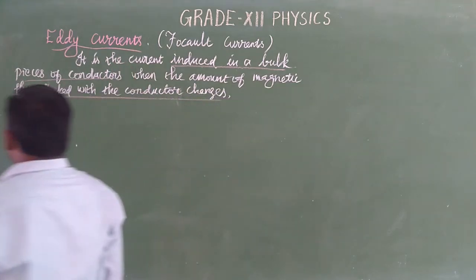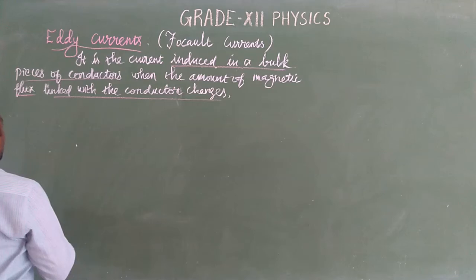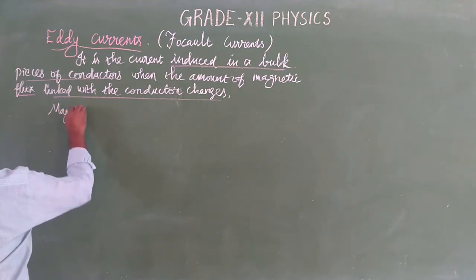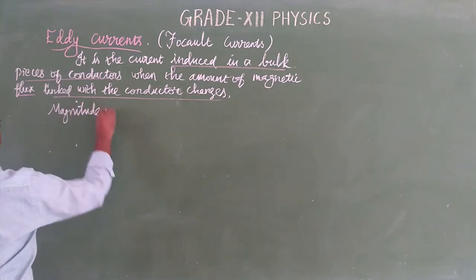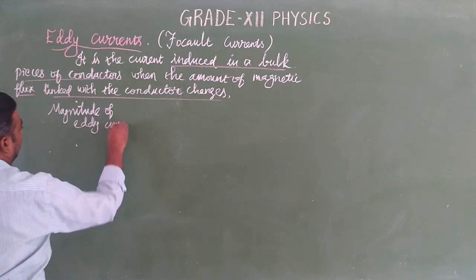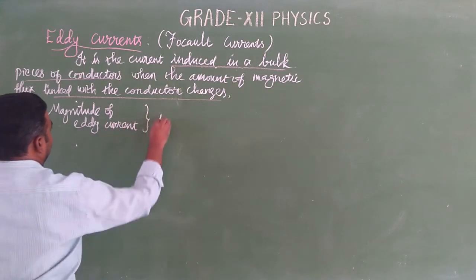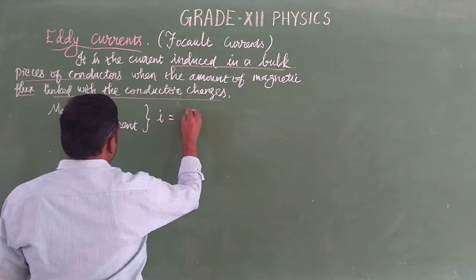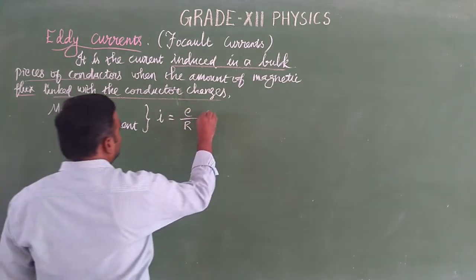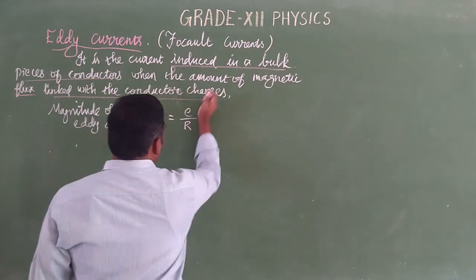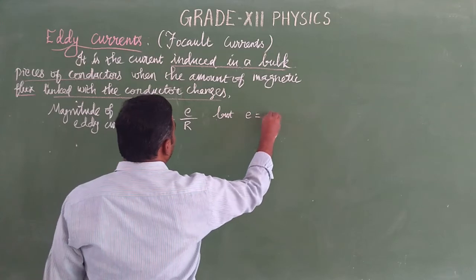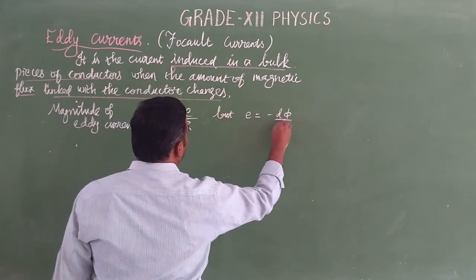Okay. Now we are going to calculate the magnitude of this eddy current. The magnitude of the eddy current I is equal to E by R, because the conductor has resistance. The value of E we already know: from Lenz's law, the induced EMF is minus dΦ by dt.